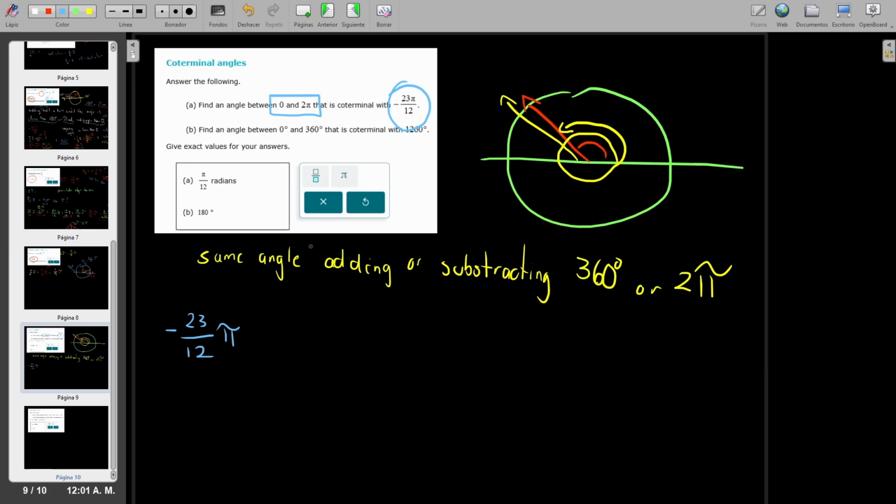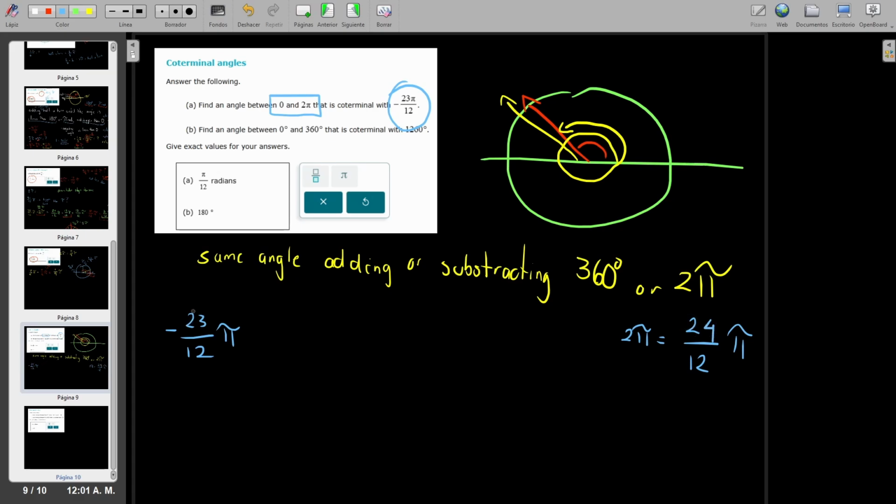2 pi in terms of 12s will be, I'm going to write this one here. In order to have the same denominator as 12s, 2 times the value of this one, so it's going to be 24. 24, right?